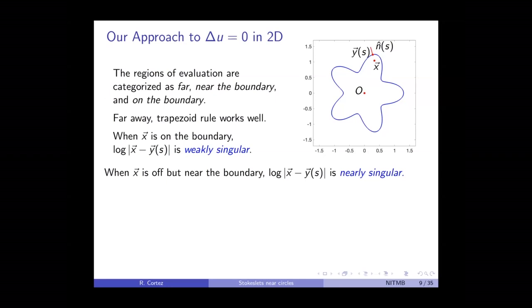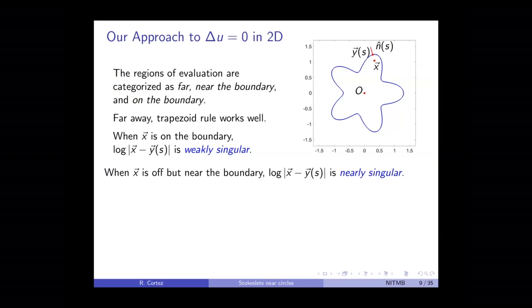And so typically what happens is that we classify the problem into maybe three different kinds. One kind is when the evaluation point is far from the boundary, then, for example, this function log of |x minus y|, there's sufficient distance between the points x and the boundary that really you can just use a trapezoid rule, for example, and things work out very well.